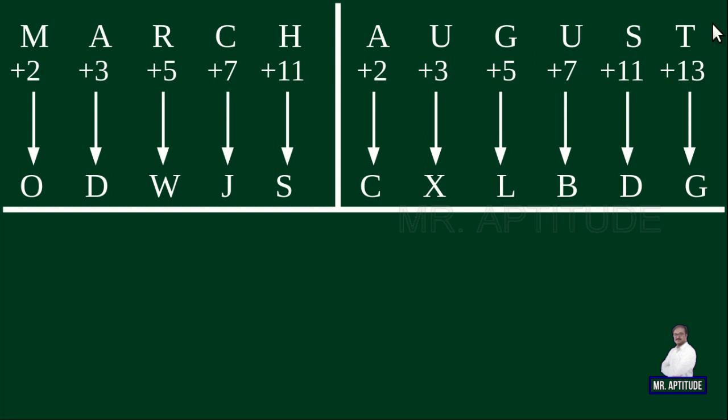As far as these three letters are concerned, 21 plus 7 gives you a number which is more than 26. We know that the 26th English alphabet is Z. Then what will be the 27th letter? It's A again. 28th letter, it's B. And so on.